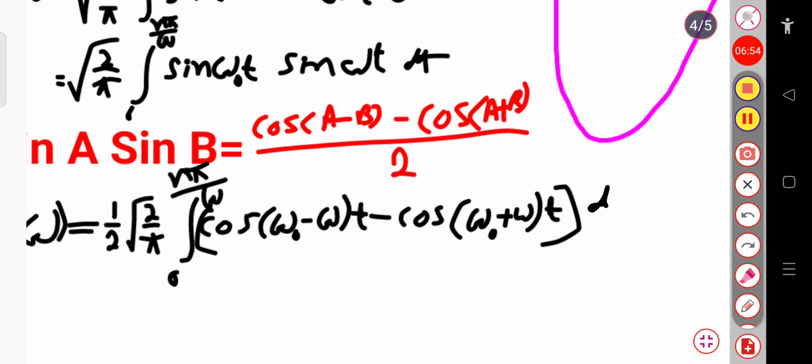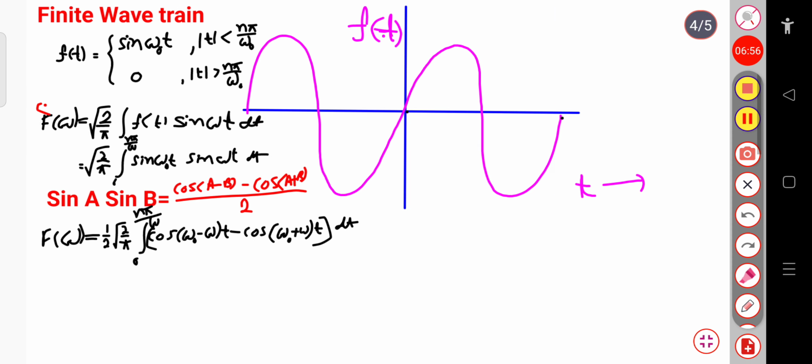Here we have just substituted the value of sin A into sin B, that is cos (A minus B) minus cos (A plus B) divided by 2, in this Fourier sine transform equation.